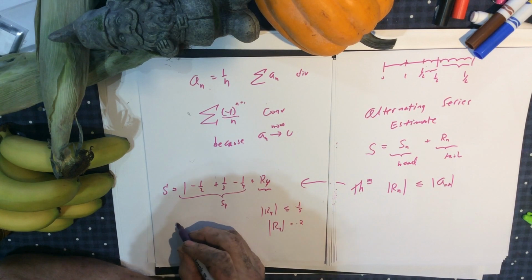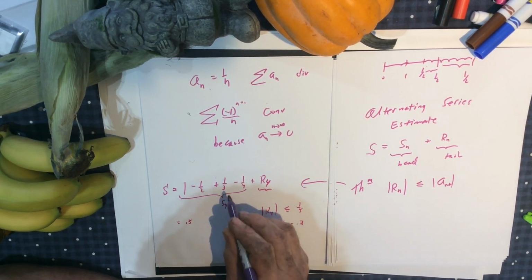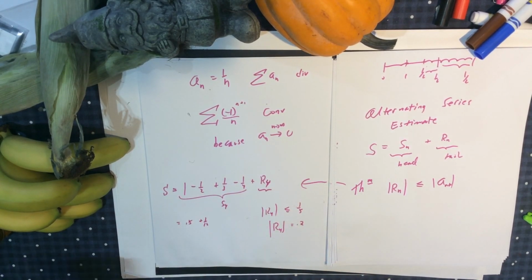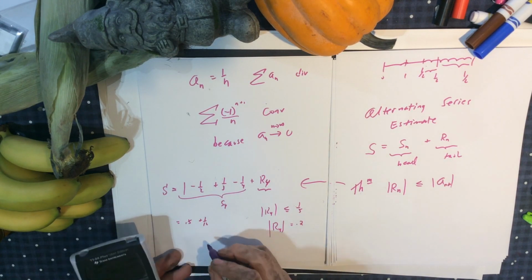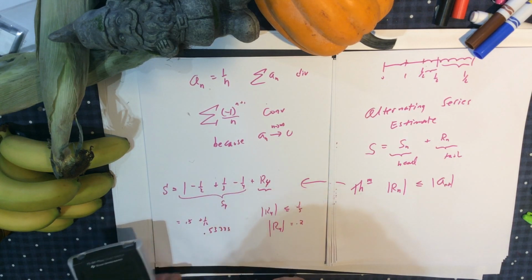So if we add this up, let's see, this is 0.5 and 1/3, it's 1/12. I can take up my calculator here to get a value on that. So 0.5 plus 1/12, we've got 0.58333.